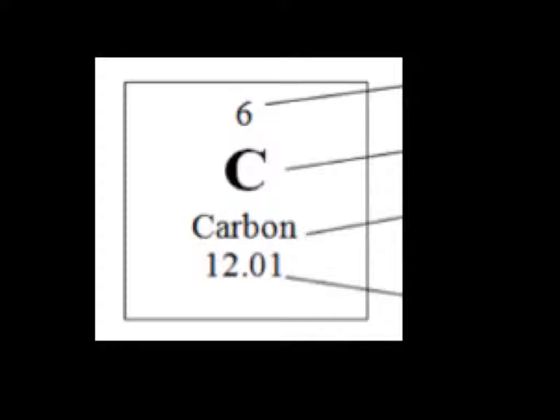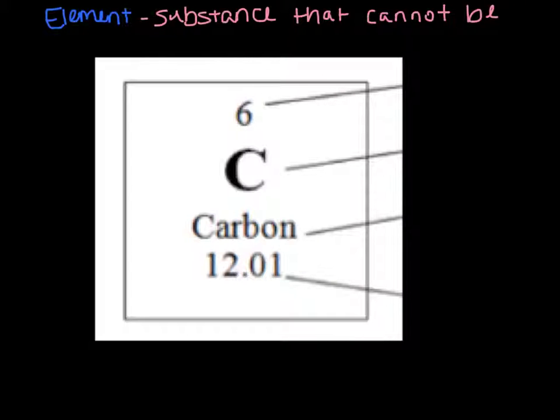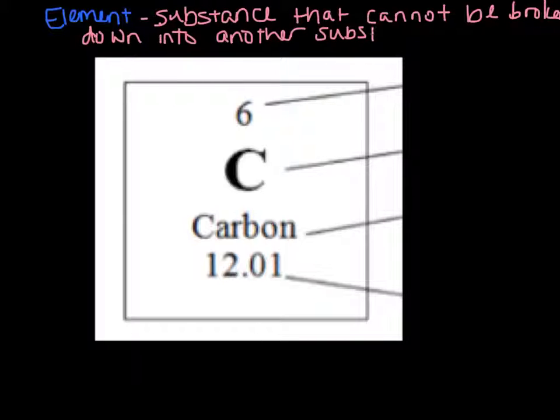It's a substance that cannot be broken down into another substance by chemical or physical means. In other words, it's the simplest particle that we're going to get down to.